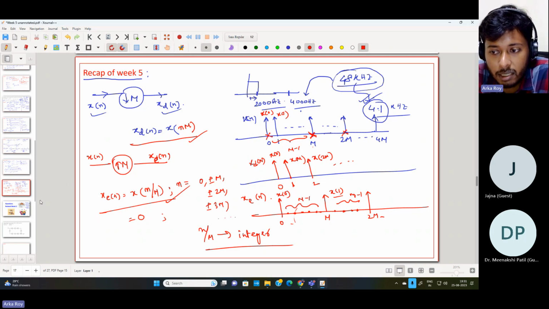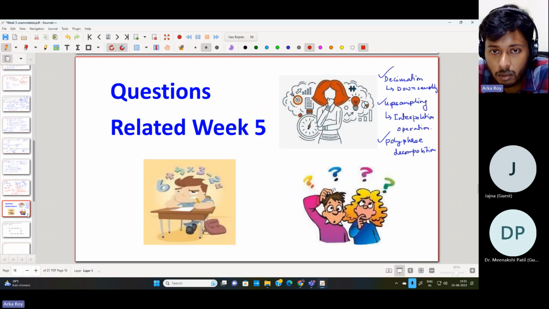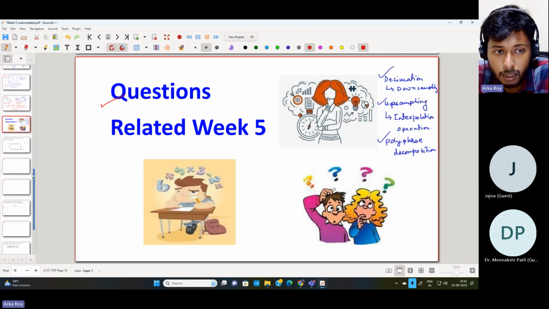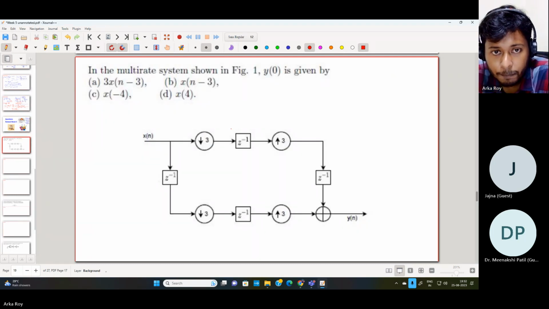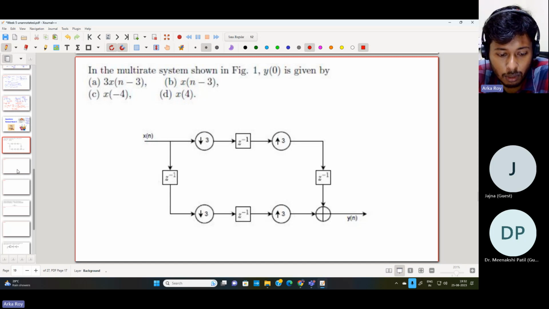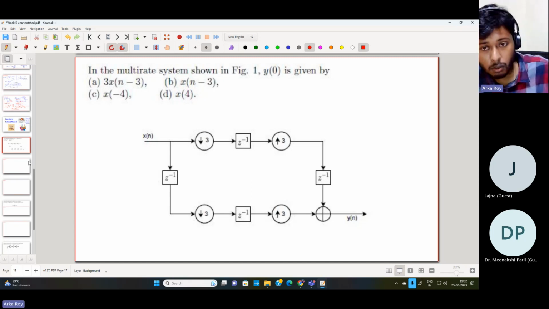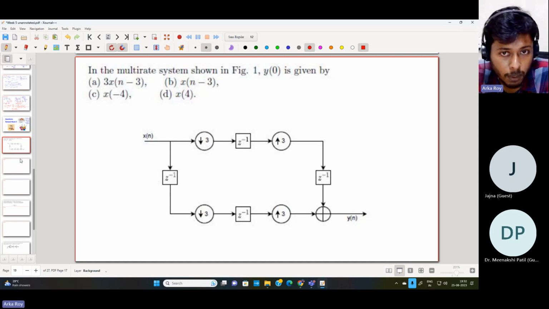So with this basic information, let us visit some questions related to week 5. This will help you solve the quiz questions in the current live course page. This is the multi-rate system, and the multi-rate system looks like this. Let me draw the multi-rate system on the next page.